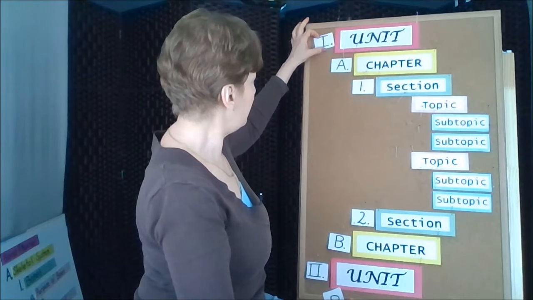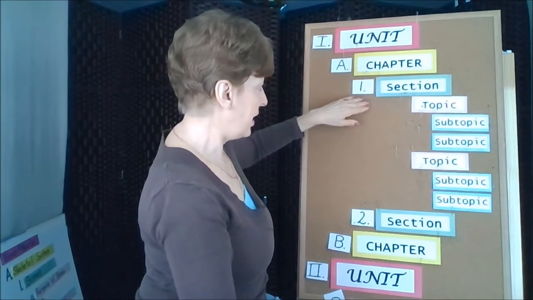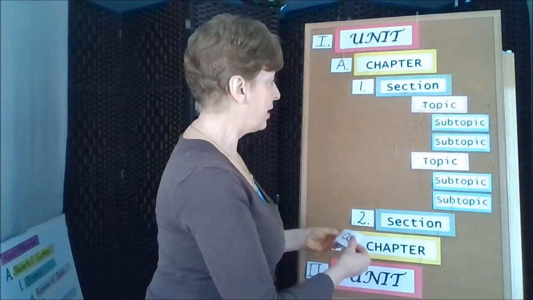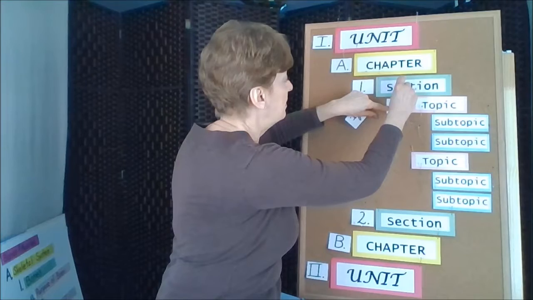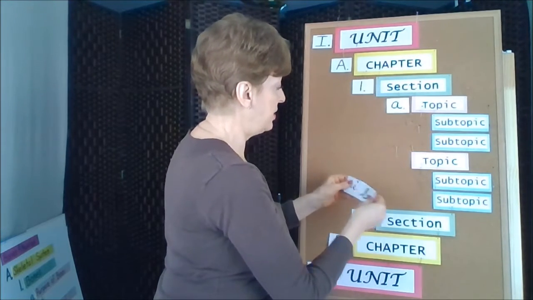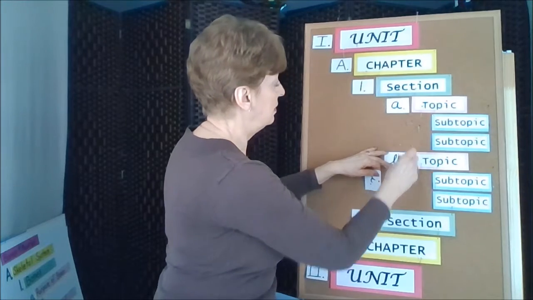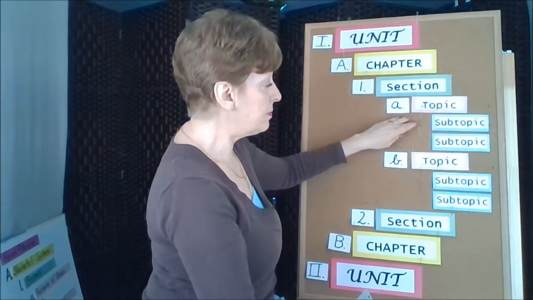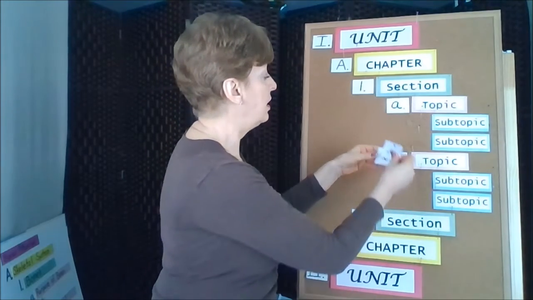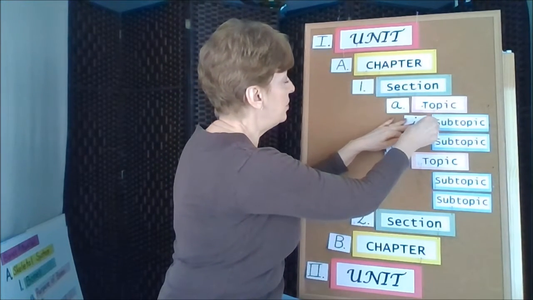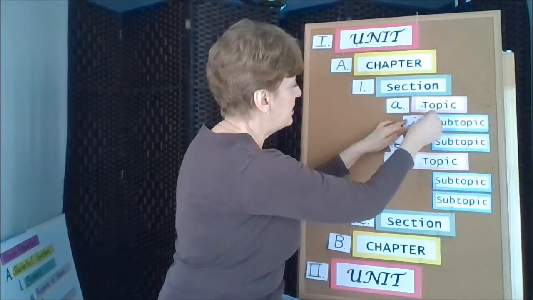So we went from Roman numerals to capital letters to Arabic numerals. Now our topics would be a lowercase a, and I have 2 topics, so it's going to be a lowercase b. And the subtopics would be quite a bit of detail now. So we're going to go back to Roman numerals, but this time a lowercase Roman numeral.